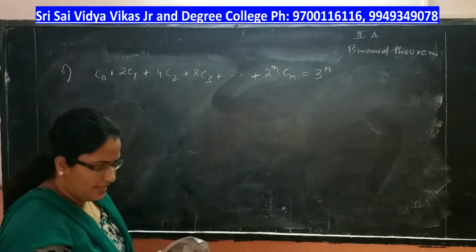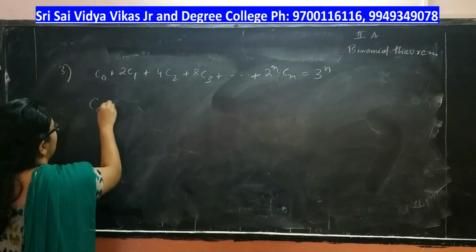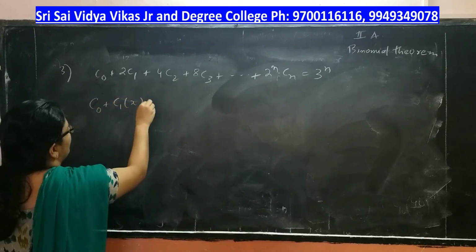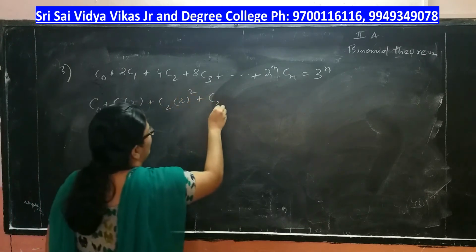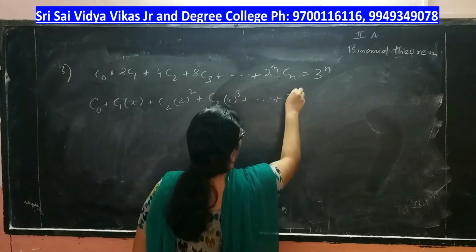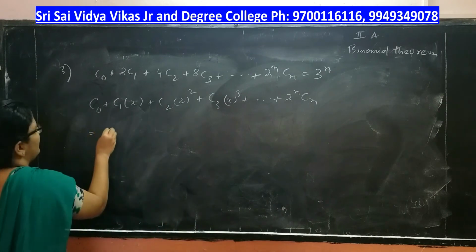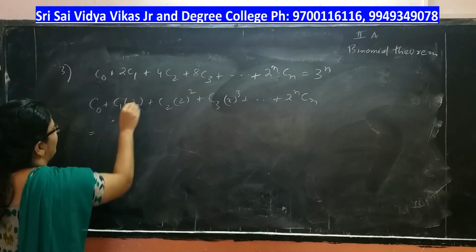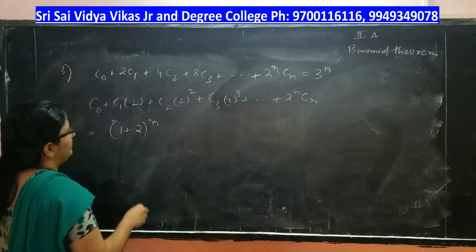So this is nothing but C0 + C1 x + C2 x^2 + C3 x^3 + and so on + x^n Cn with x = 2. This is nothing but (1 + 2)^n.